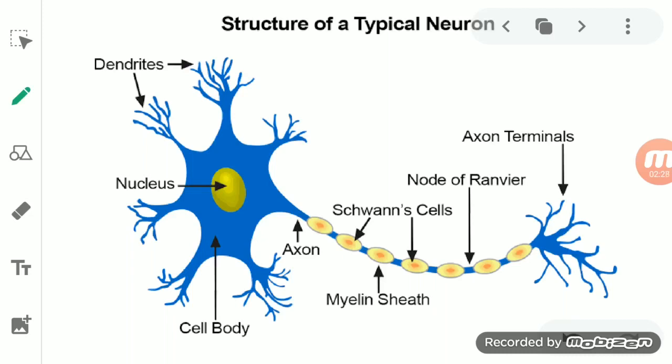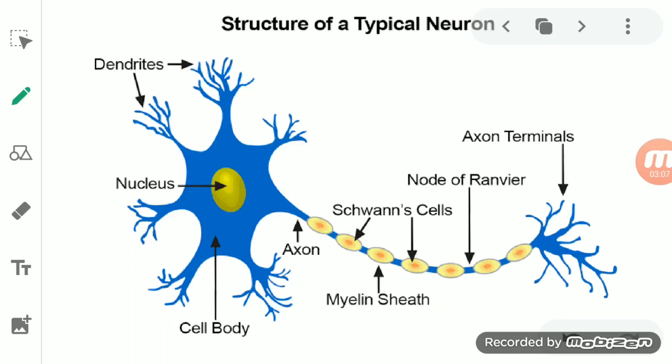Now the impulse which is transported by the help of the neuron travels from one neuron to another neuron. By this process they are able to transmit the information. First of all, they receive the stimuli from the brain on how to respond, and that neuron or nerve cell sends the information to the different parts of the body, and while sending, it transports the information to one neuron which gets transmitted to the other neuron.